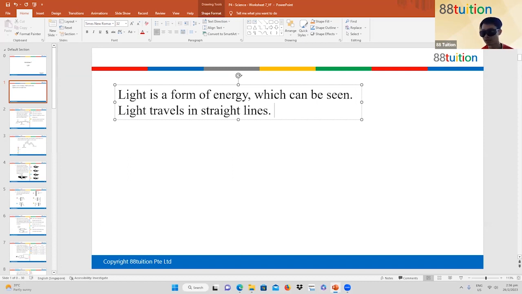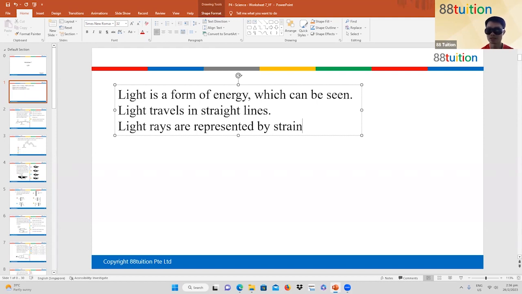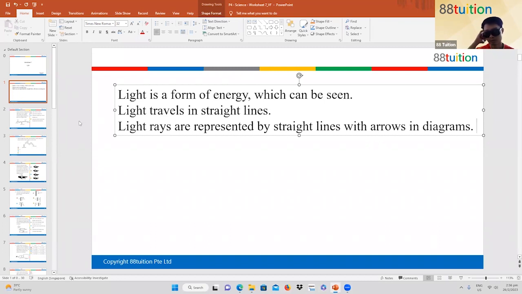Light rays are represented by straight lines with arrows in diagrams. Questions? Okay, so write this down, class.